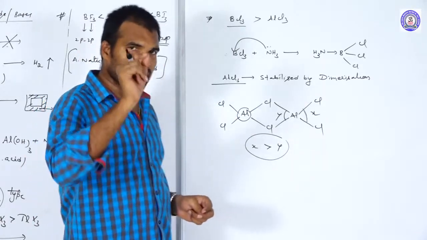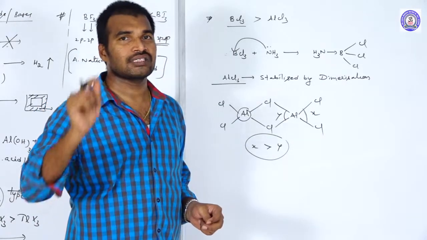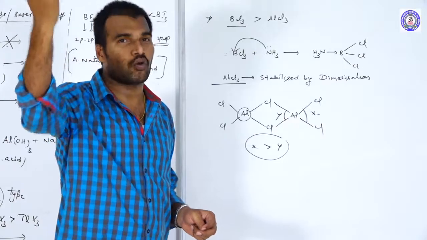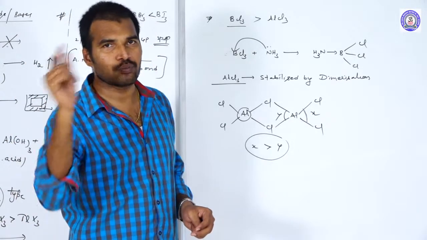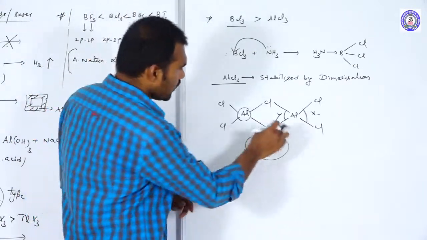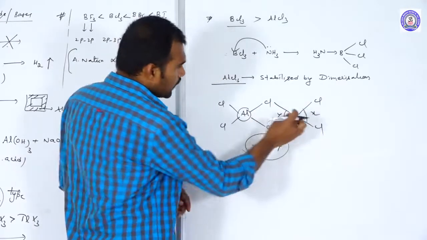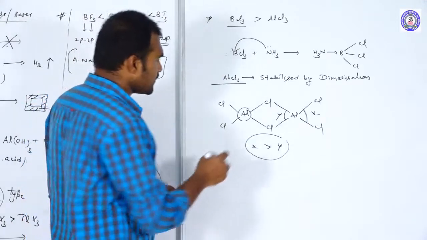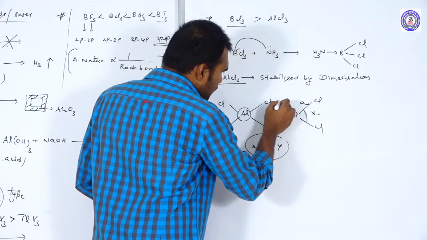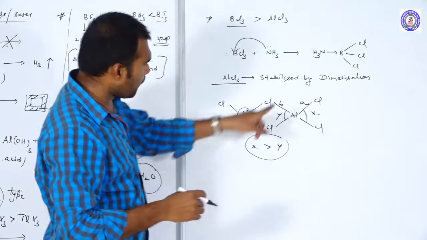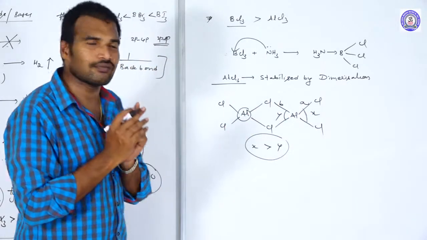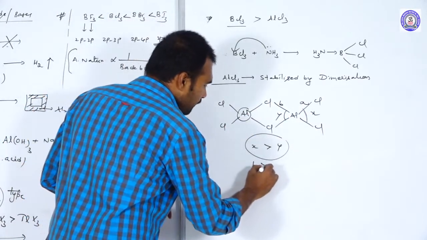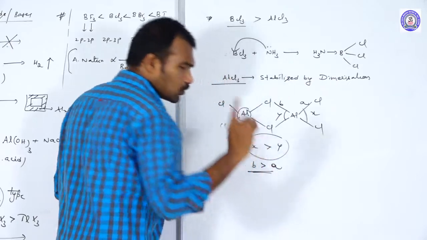And one more thing: if the bond angle is less, then the bond length is more. Bond angle and bond length are inversely proportional. So here, X is more, and let us consider the terminal bond length as A and the central bond length as B. When you compare A with B, which is longer? B is longer. Why?